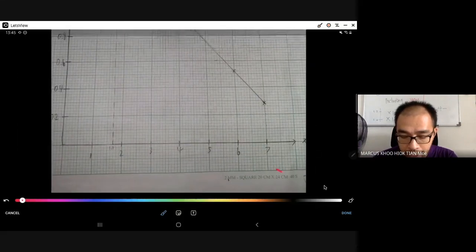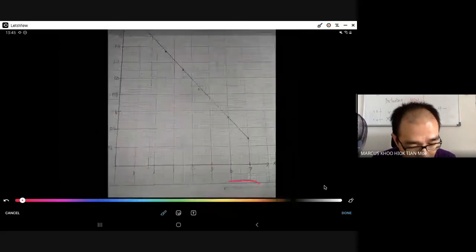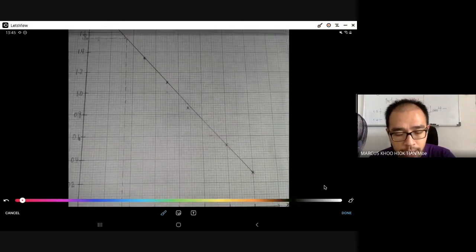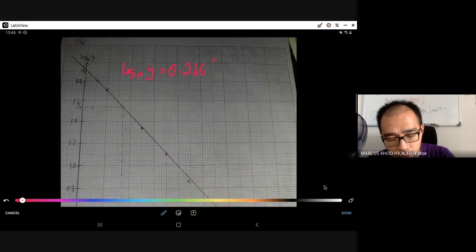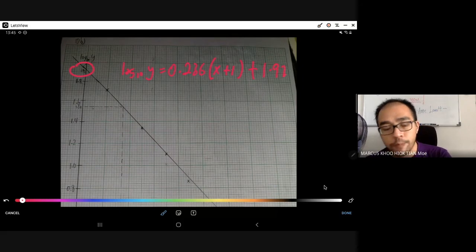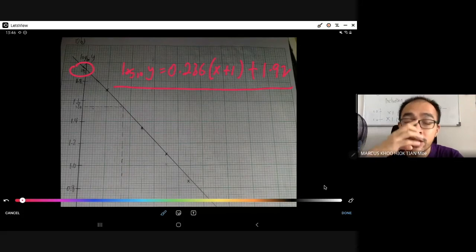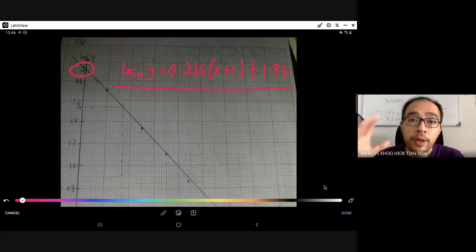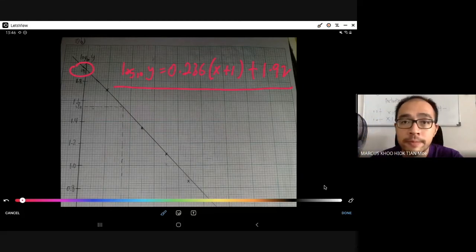The x-axis is x plus 1, isn't it? Yeah, I'm going to say it's x plus 1. So this is x plus 1, plus the y-intercept over here, which is about 1.92. If you can write this sentence out, trust me everyone, you are guaranteed 5 marks out of the 10.